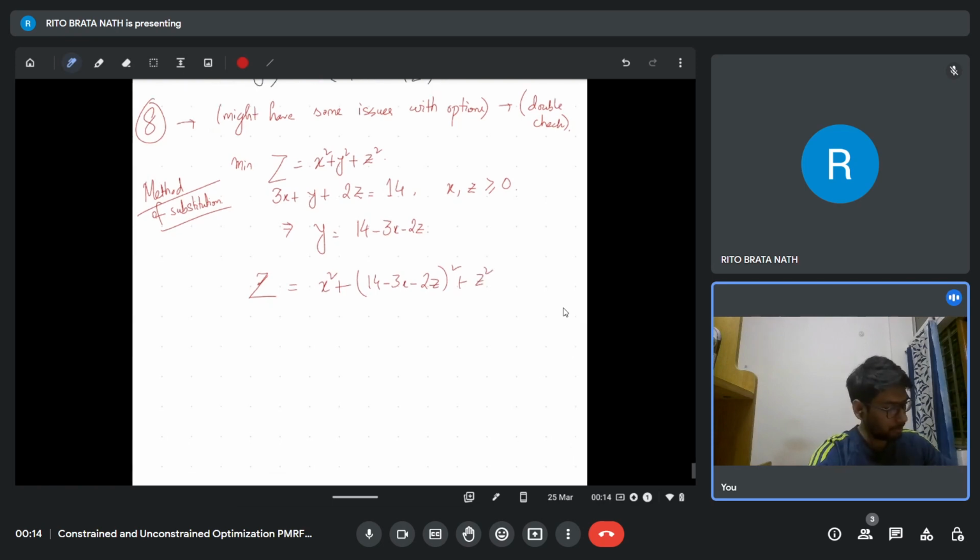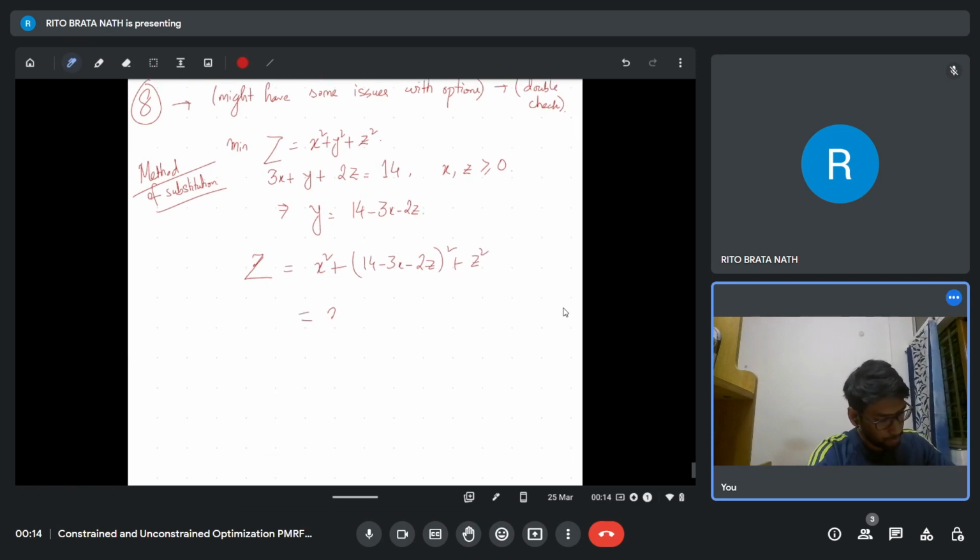So now it's an expression in terms of two variables. 196 plus 9x squared plus 4z squared minus 84x plus 12xz minus 56z plus z squared.